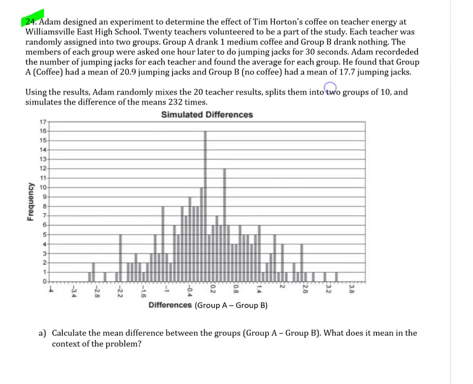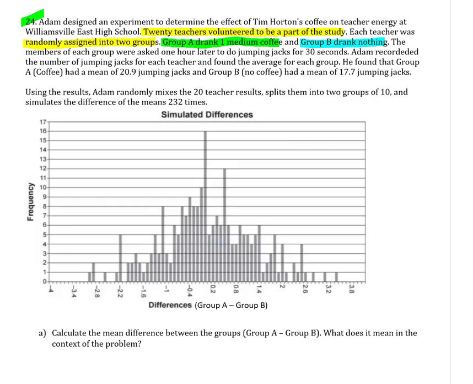All right, Adam designed an experiment to determine the effect of Tim Hortons coffee on teacher energy at Williamsville East High School. 20 teachers volunteered to be a part of the study. Each teacher was randomly assigned into 2 groups. Group A drank 1 medium coffee. Group B drank nothing. Yikes, we're harsh here.